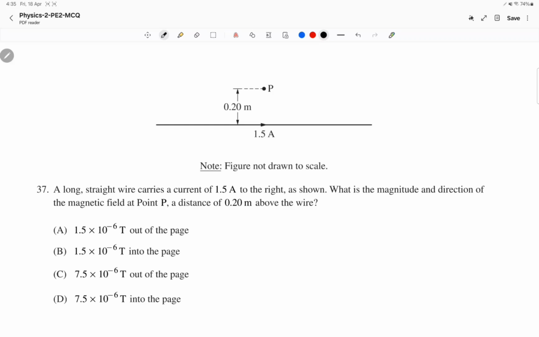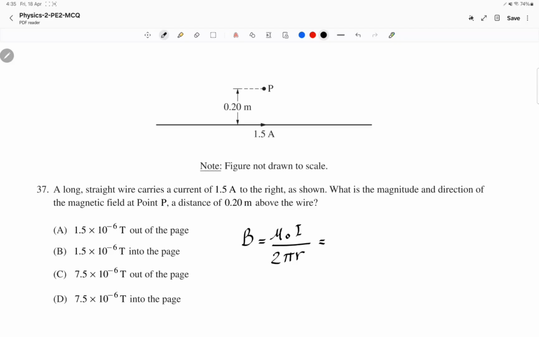Okay, here we have a wire with a current that is causing a magnetic field at point P. We're trying to find what the magnetic field is. Using this equation, B is equal to mu I over 2 pi r. The mu is given to you in your equation sheet.